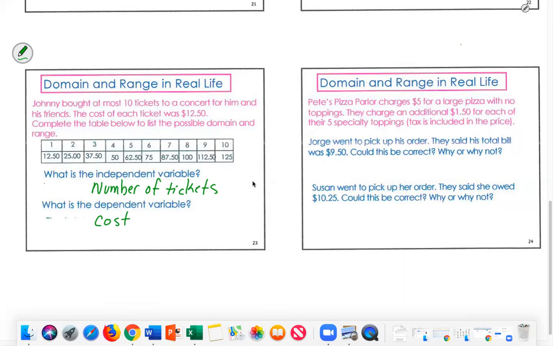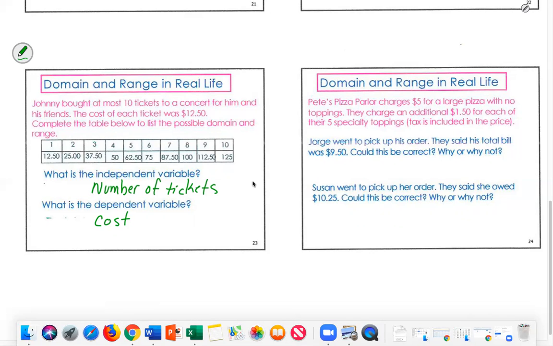So Pete's Pizza Parlor charges $5 for a large pizza with no toppings. They charge an additional $1.50 for each of their 5 specialty toppings, and taxes included. So Jorge went to pick up his order. They said the total bill was $9.50. Could this be correct? Well, what we gotta figure out is, does it make sense?